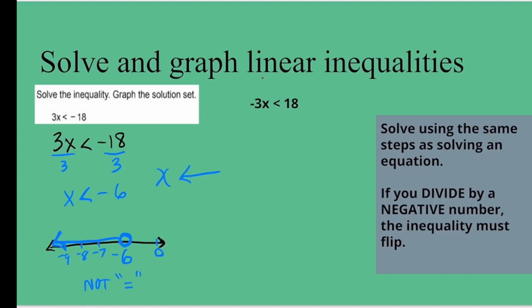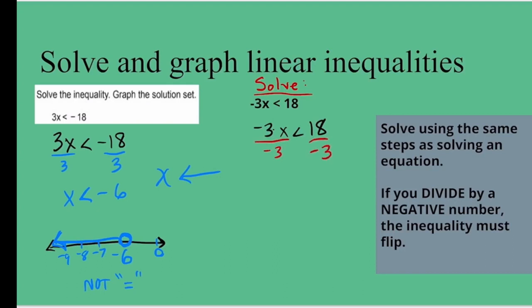This other inequality is very similar, but very different. The difference here is I just took the negative off the 18 and put it on the 3. So we have negative 3 times x is less than 18. Now we're going to divide by negative 3 on both sides.